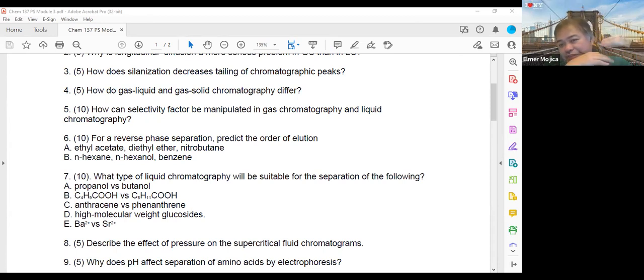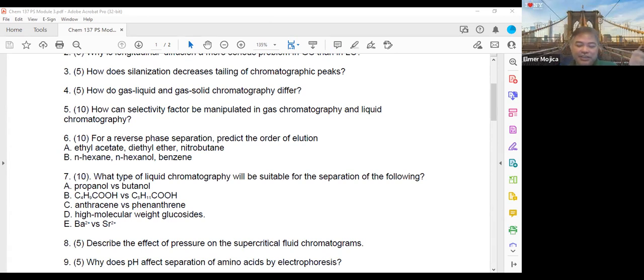So, we could say it's easy to manipulate the selectivity factor in LC compared to the GC. Bakit? Ano yung mobile phase sa GC? It only serves as a carrier. You seldom see an interaction between the sample and the mobile phase.